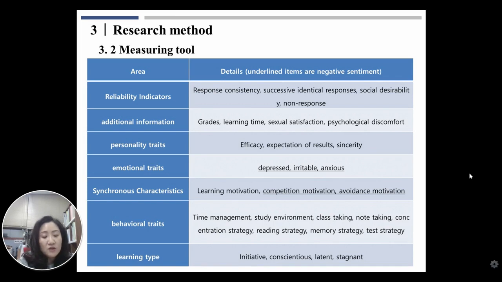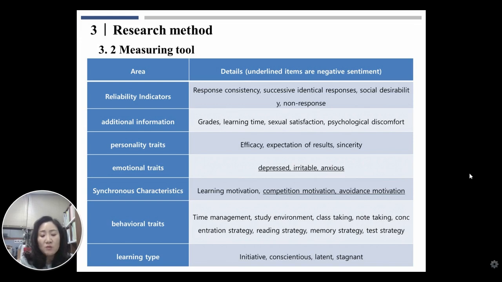In the MRST2 item composition, social desirability among reliability indicator was used as a dependent variable, and emotional characteristics and motivation characteristics were used as independent variables. The social desirability index, which is the dependent variable in this study, is a reliability index and refers to the degree to which people intentionally try to be seen well by others.